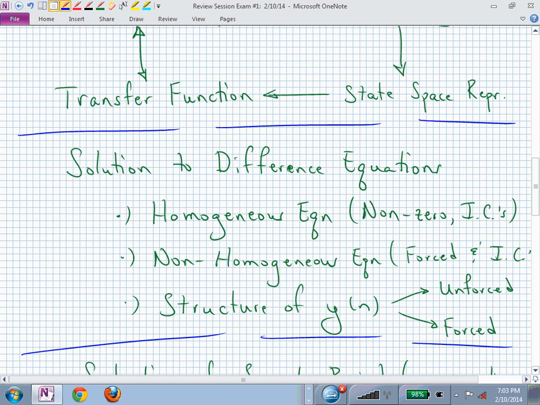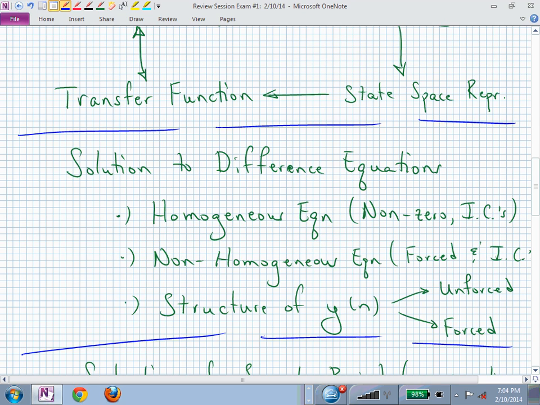If I give you a non-homogeneous one, which means that I have a forcing function, some u of n that's maybe not just the unit step, maybe it's some exponential, maybe it's an exponentially decaying cosine, driving this difference equation, can you find the closed form solution for little y of n?